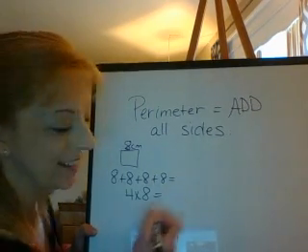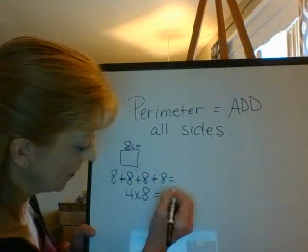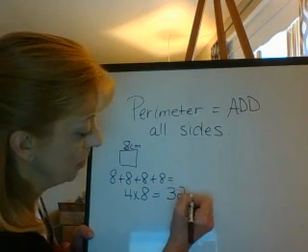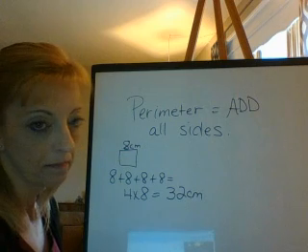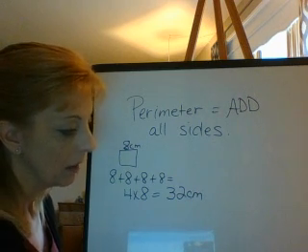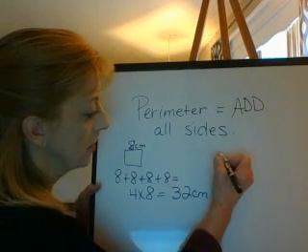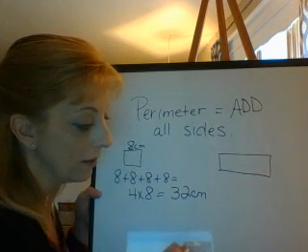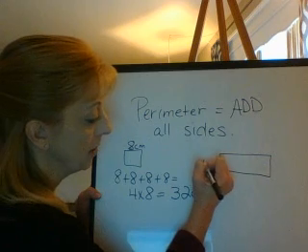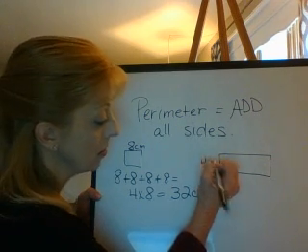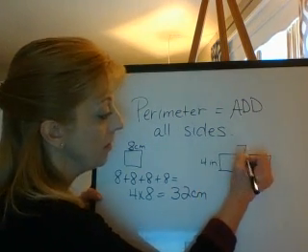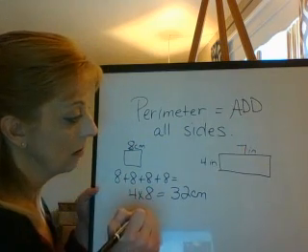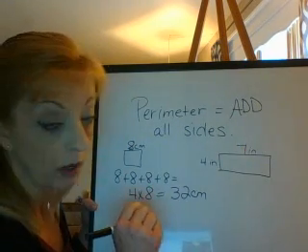4 times 8, or 8 plus 8 plus 8 plus 8, 32 centimeters. Okay? Let's look at number 2. They gave us a rectangle for that one. On that rectangle, they said the left side is 4 inches, and the top is 7 inches. Well, they already gave you all the measurements.